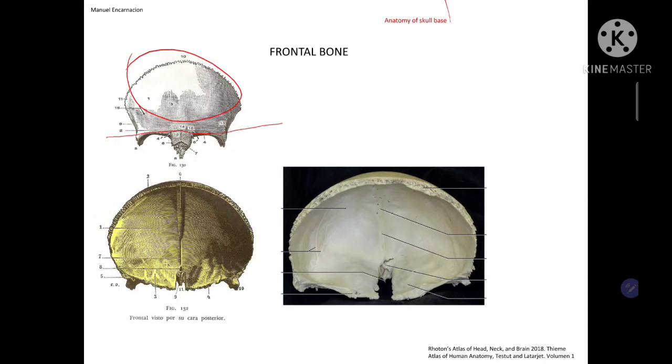So we can imagine the frontal bone like an inverted T, where this vertical part is the squama, and this horizontal part down there is the orbitonasal surface. Okay, so this is the first step to understand.